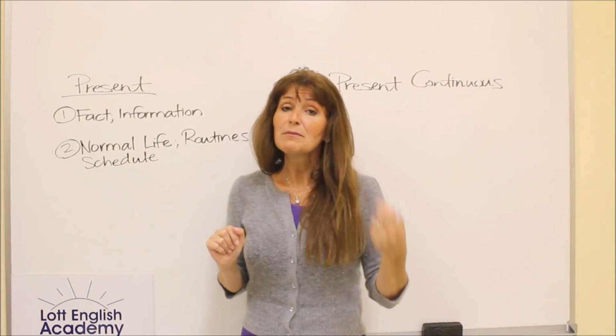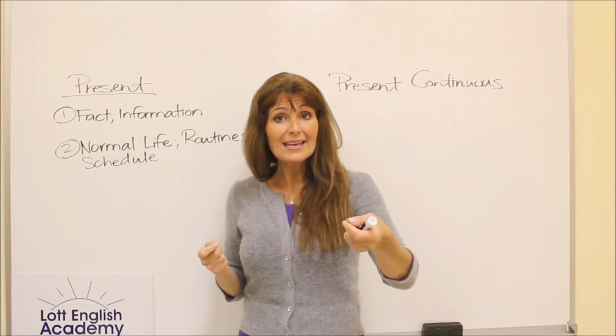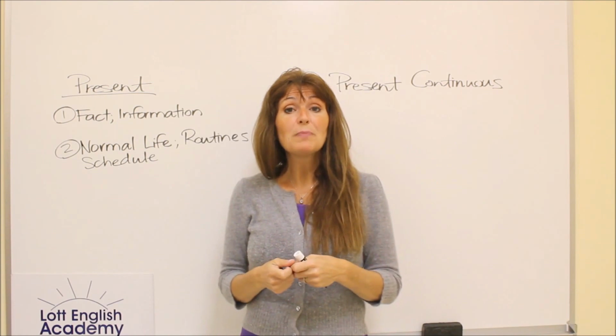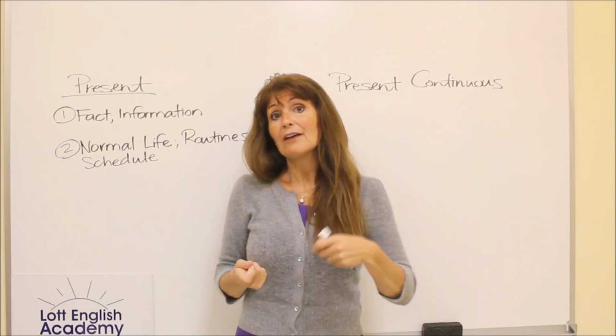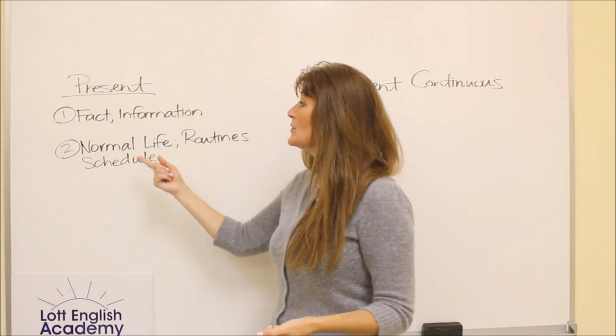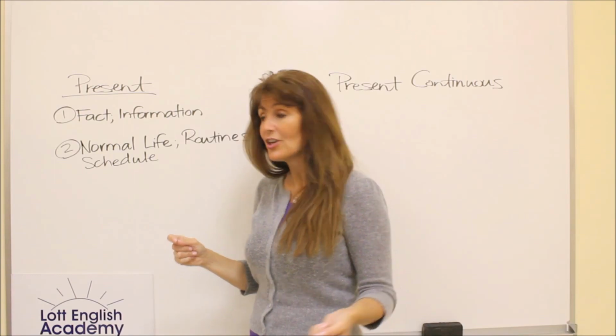So every month there are certain things that I do. I have to pay some bills, like for the electricity, right? Maybe you pay bills every month. That's part of your normal life. So we would use the present tense for that kind of a situation.